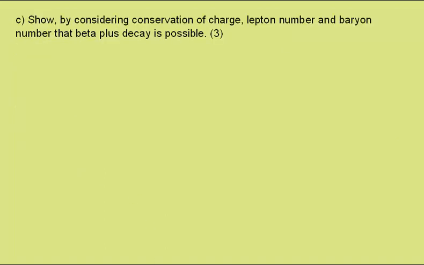Part C. Show by considering conservation of charge, lepton number and baryon number that beta plus decay is possible. Well, first if you write down the full equation, proton becomes neutron plus positron plus electron neutrino, we can then consider the 3 conservation laws in turn.